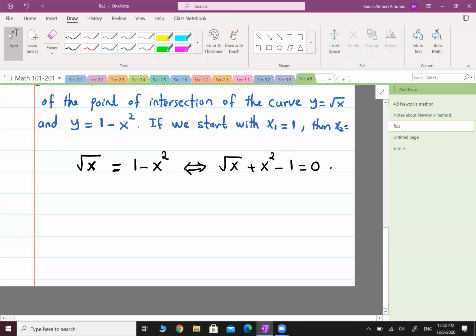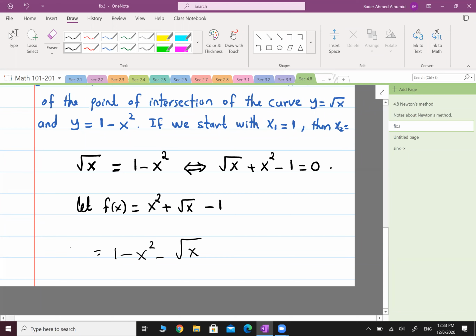Now I will take the function, let f of x equal to, I will reorder them, x squared plus radical x minus 1. And I could say, if we take the radical x to the other side, we have 1 minus x squared minus radical x.